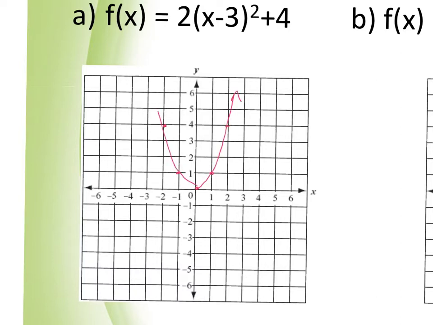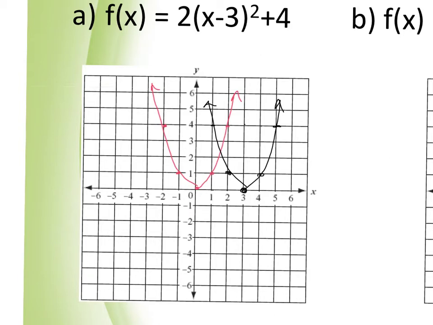And here's my parent. Now I'm going to do the transformations. First, I want to move horizontally. How am I going to move this graph? To the right 3 units. So 1, 2, 3. And here's a shift to the right 3 units.